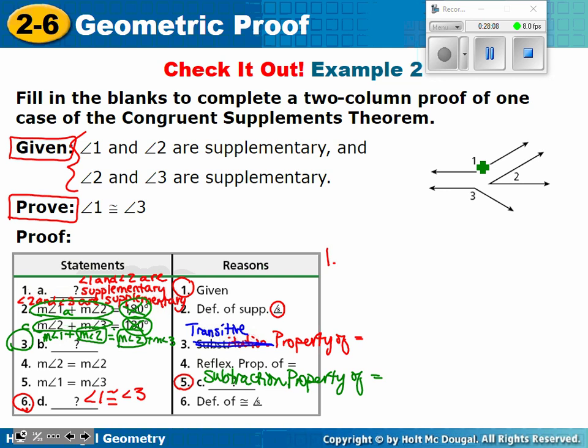What tells me that if they're equal, then they're congruent? Definition of congruence. It goes both directions. It's biconditional. Okay? So if you need it to say equals, but it's in congruent form, use the definition of congruent, and vice versa. So that's what they did. They wanted to prove the angles were congruent, not equal, so they had to use the definition of congruent.